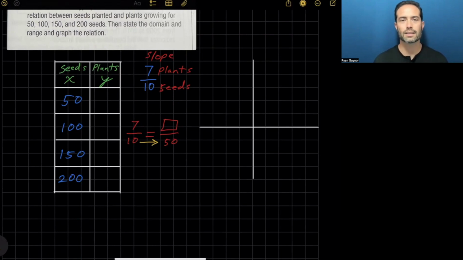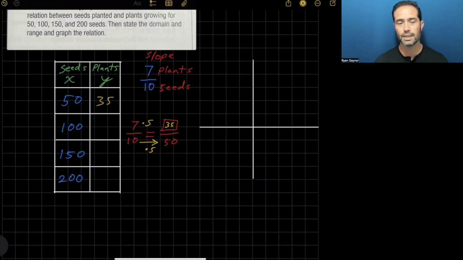In this case, it's multiplication. It's 10 times 5, which means I have to do that on the top, right? Whatever I do to the bottom, I do to the top. So 7 times 5 is 35.